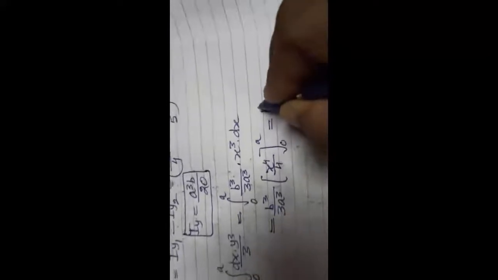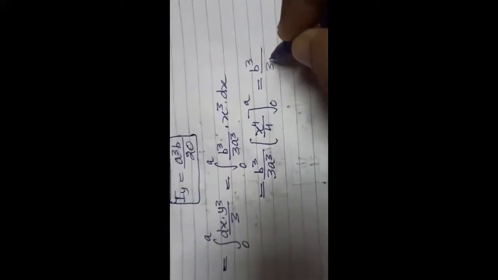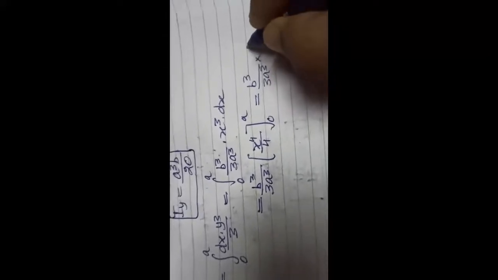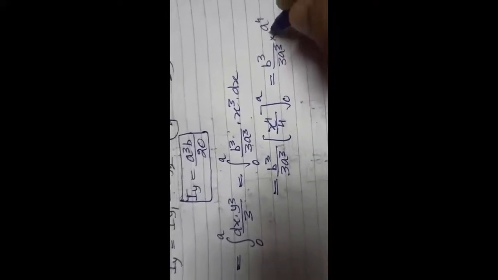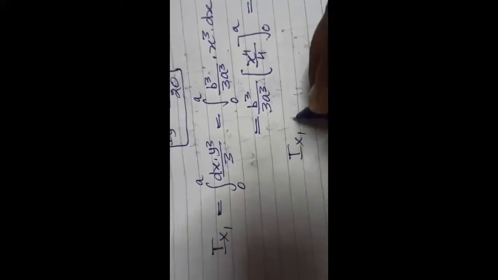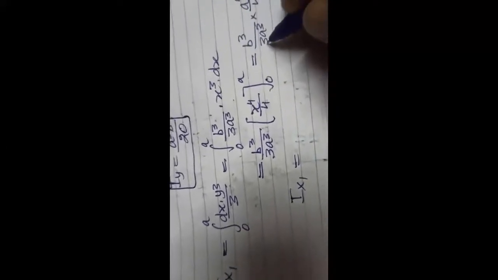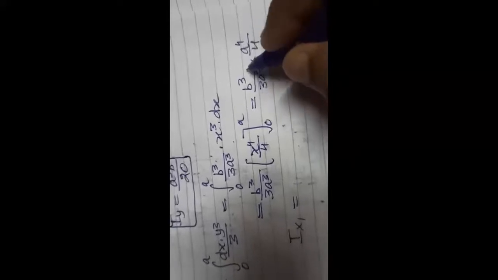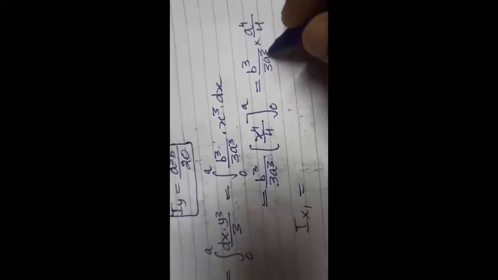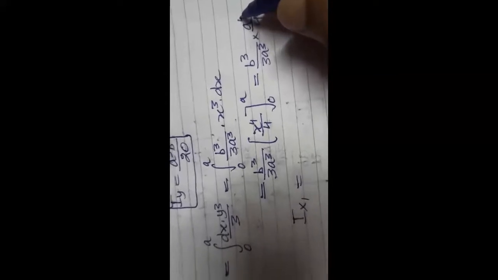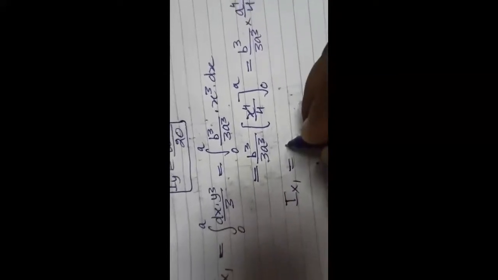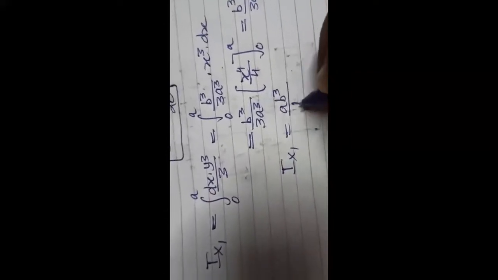On solving, b³/(3a³) times a⁴/4. So Ix1 is equal to 3 times 4 is 12, and a³ cancels from a⁴, only a remaining. So ab³/12. So this is Ix1.